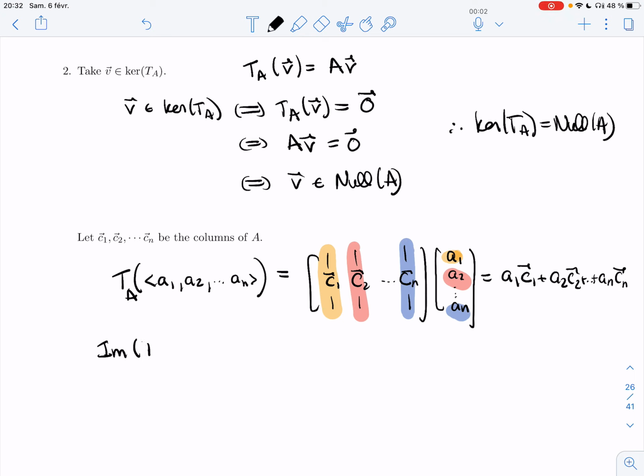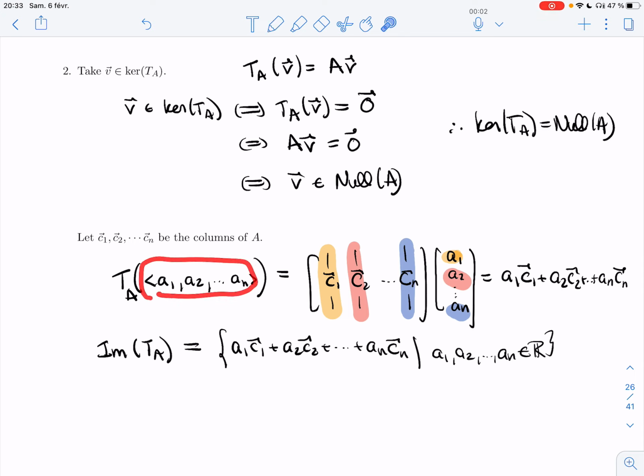So if I look at the image of T_A, it's going to be everything I can hit, so anything like this. It's going to be a_1 c_1 plus a_2 c_2 plus up to a_n c_n.